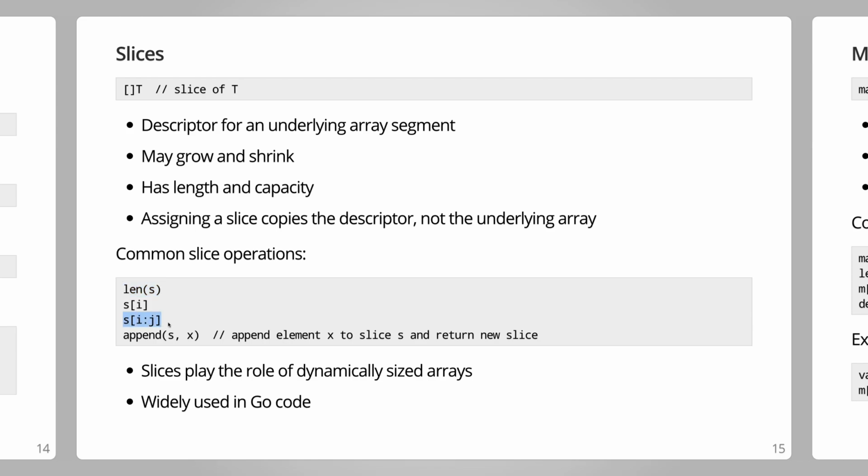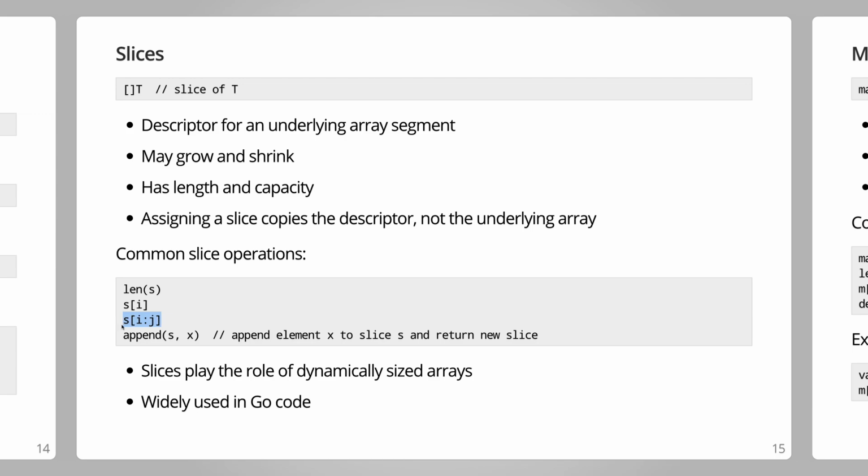You can index using this colon notation, and that gives you back a slice that maps to the same memory region as the original slice, but it excludes everything before i and everything after j of the original slice s.